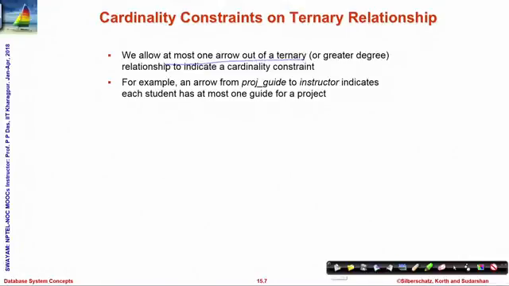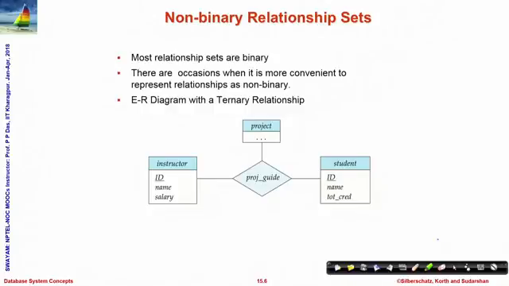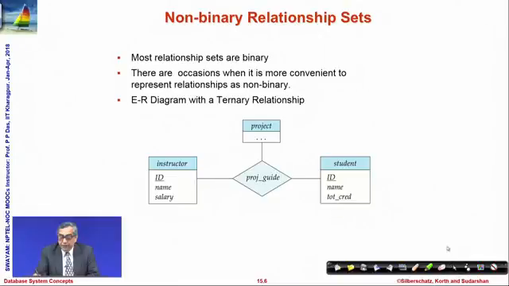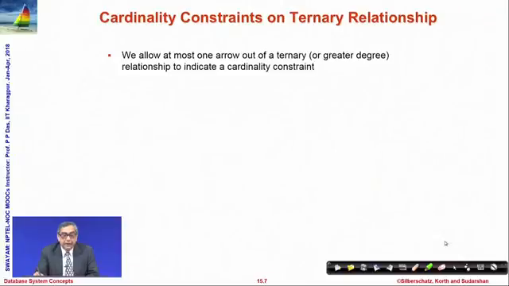So, we could have an arrow only at this end, but multiple arrows are not allowed. The reason is certainly to keep the semantics of the cardinality meaningful.